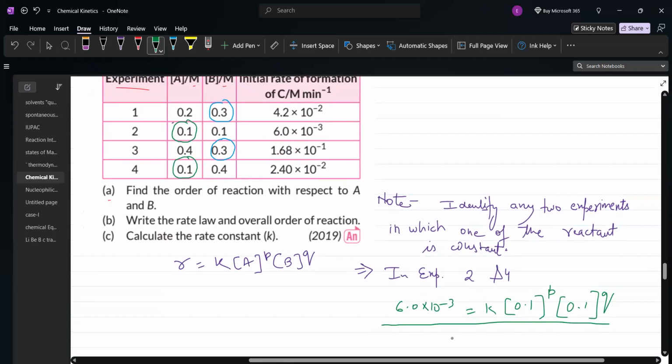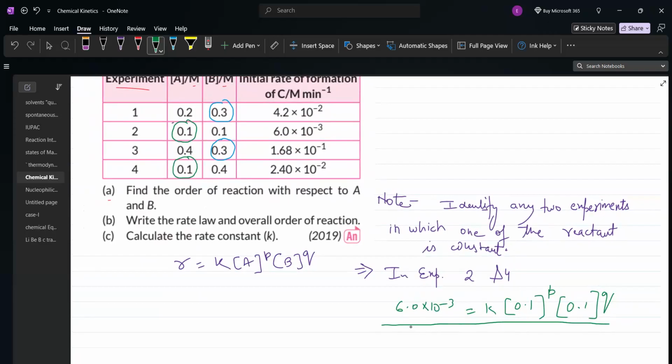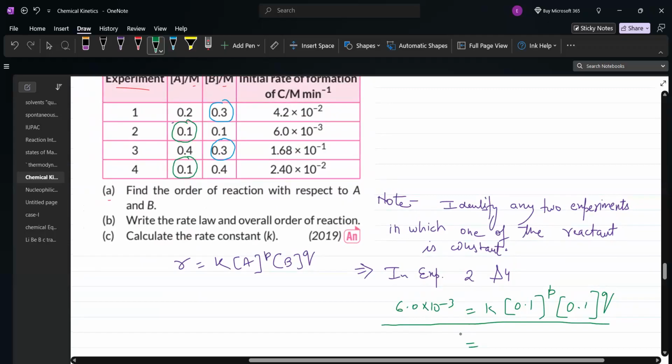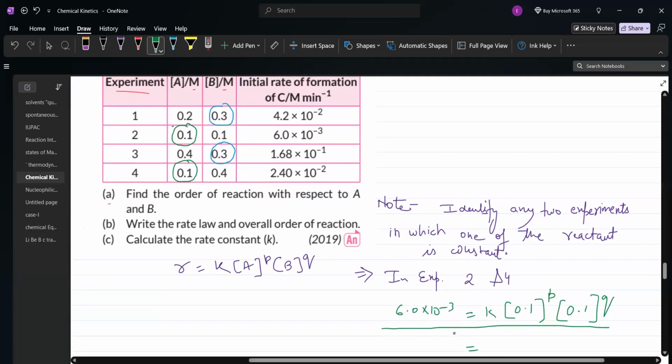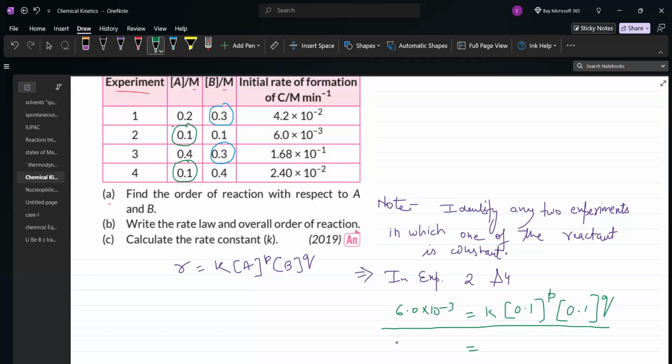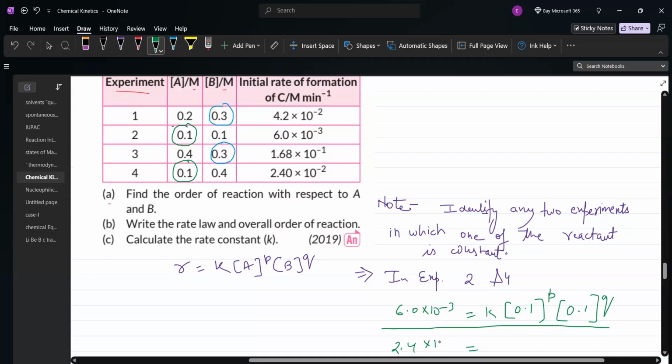Then we will take the fourth one. Rishita, what is the rate of reaction of the fourth experiment? So 2.40 into 10 raised to minus 2. Good. 2.4 into 10 to the power of minus 2, and this one is 0.1, obviously, and the B concentration is 0.4.